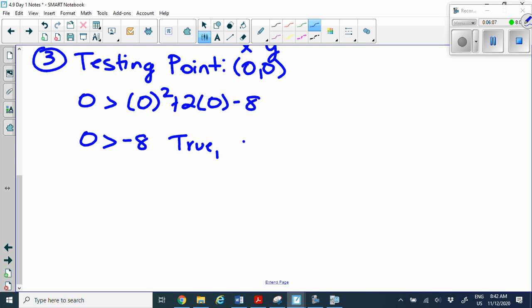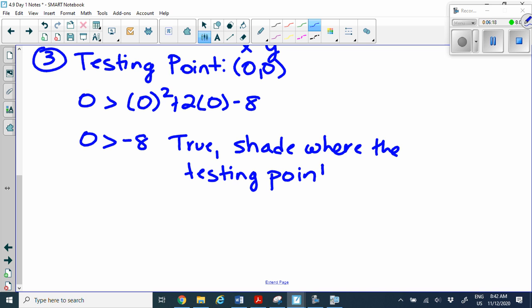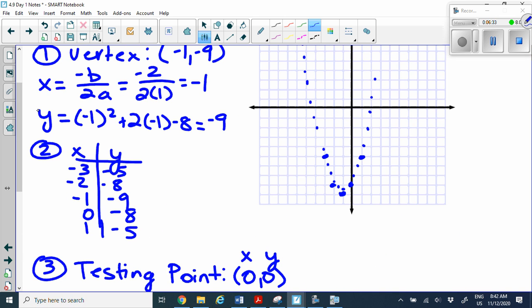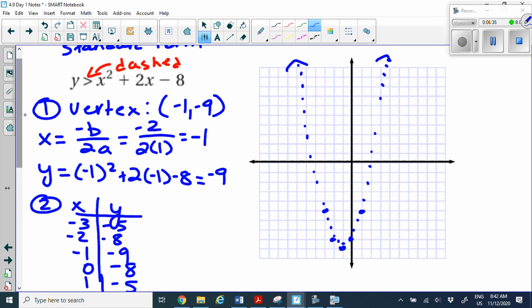Because it's true, we shade where the testing point is. Basically that means we're going to shade inside the parabola. I'm going to go ahead and do that. That's why it's important to have your arrows go off the graph.